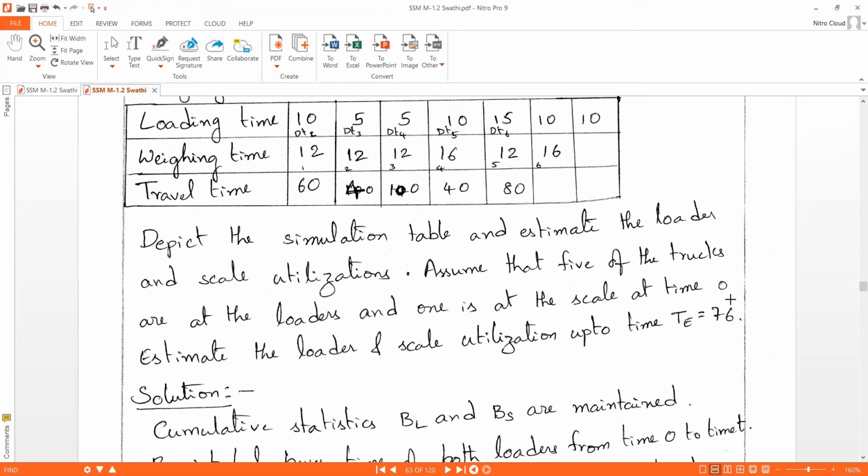The remaining 5 trucks are at the loaders: 2 trucks are getting loaded and the remaining 3 trucks are in the loading queue. Estimate the loader and scale utilization up to the simulation ending time of 76. They are asking us to simulate it for 76 clock time.